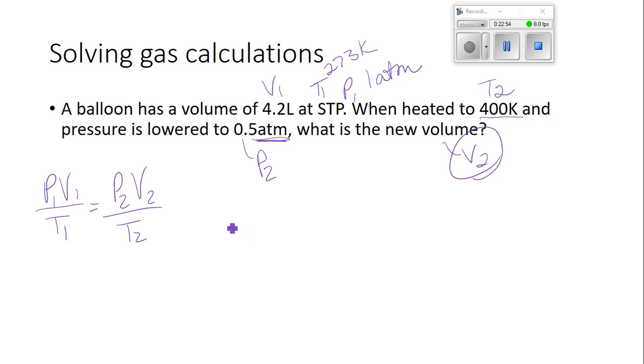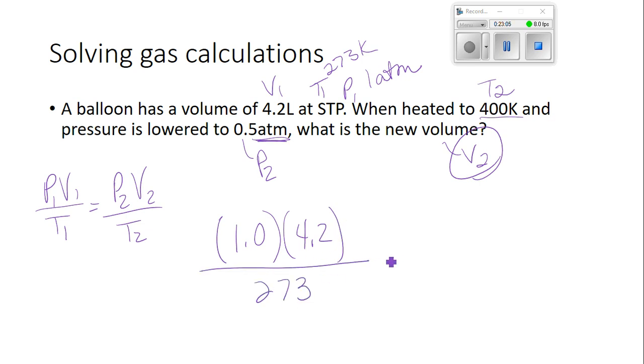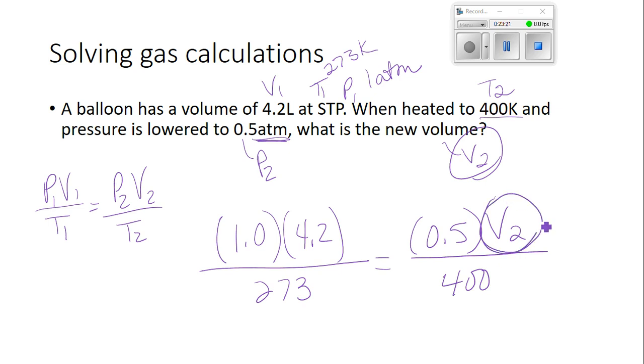I have 1.0 times 4.2 divided by 273 is equal to 0.5 V2 over 400 K. Okay, so when I'm solving for V2, this is my X.